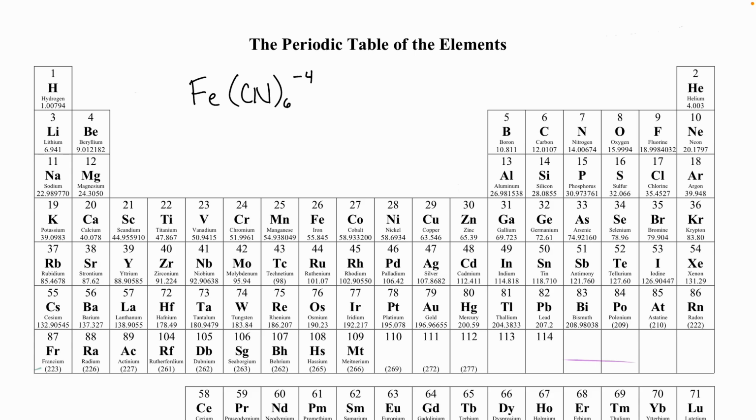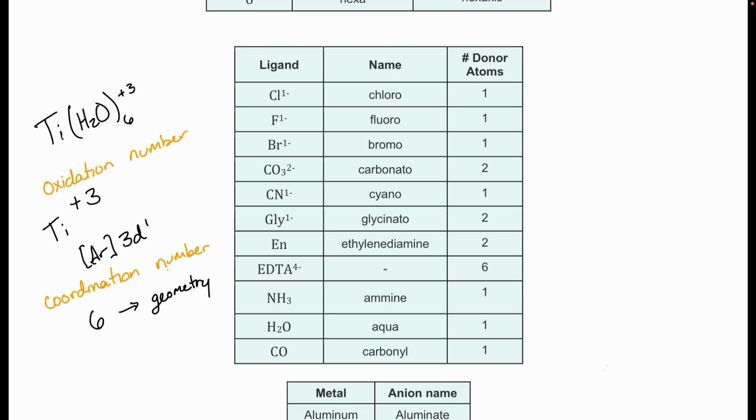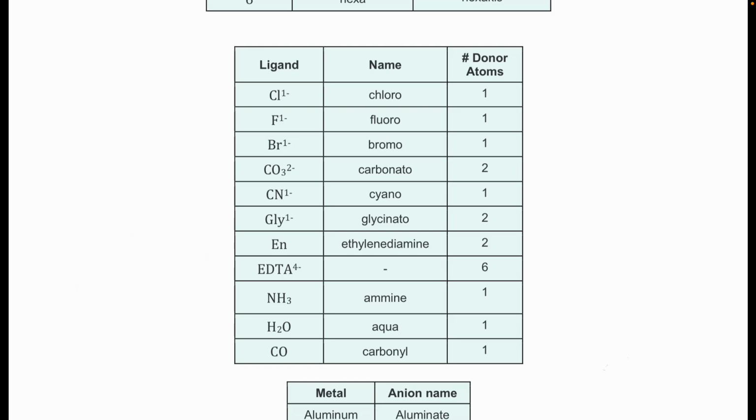I want you to tell me the oxidation number and finally the electron configuration of our transition metal in this complex. Everybody take a second to copy down this formula. Let's note what the charge on my ligand is.